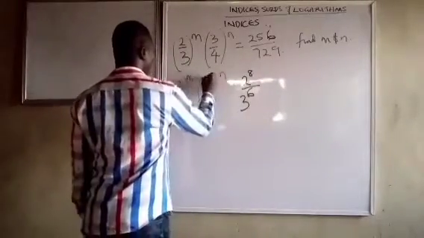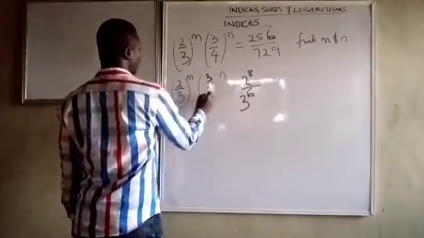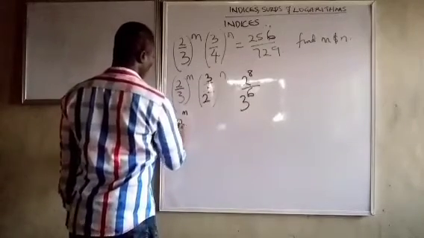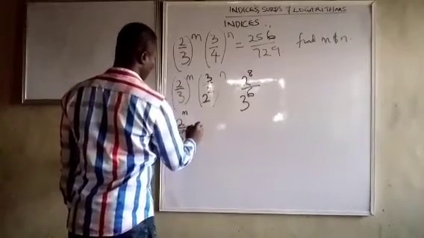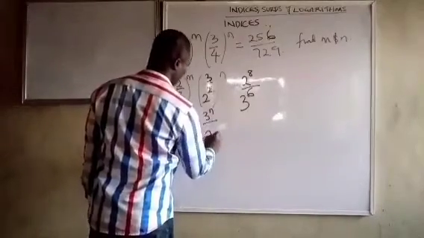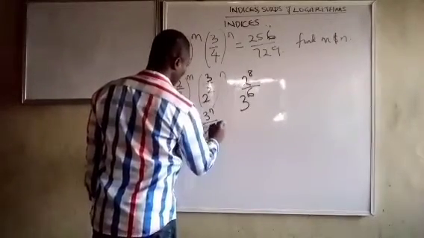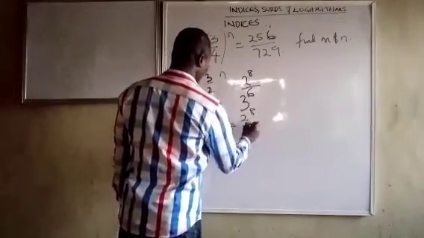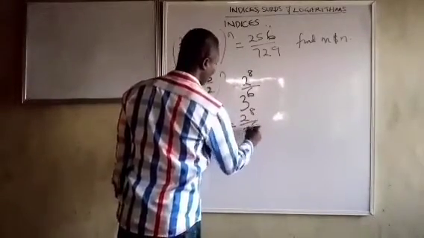So from there, we can still move forward and say, this one is 2 raised to power n over 3 raised to power n times 3 raised to power n over 2 raised to power 2n is equal to 2 raised to power 8 over 3 raised to power 6.